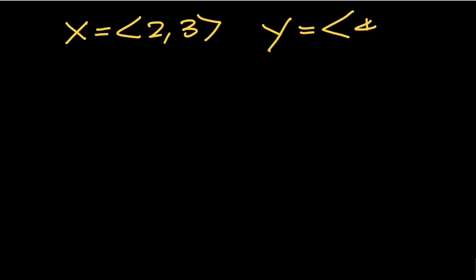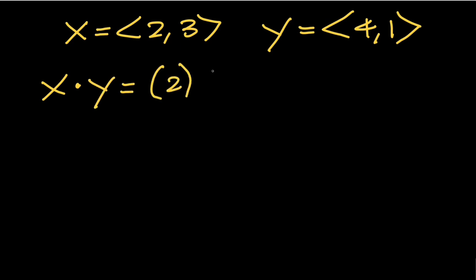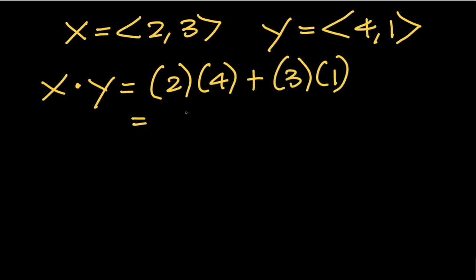Let's say, for example, we're given vector x with components 2, 3, and vector y with components 4, 1. Then the dot product of vectors x and y is just equal to 2 times 4 plus 3 times 1, which is 8 plus 3, and this is just 11.